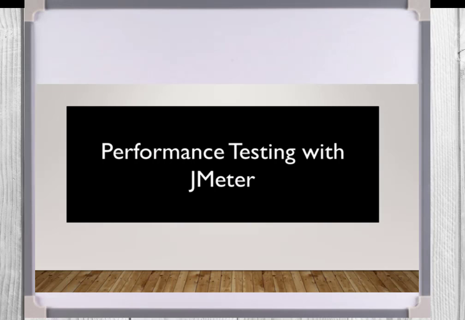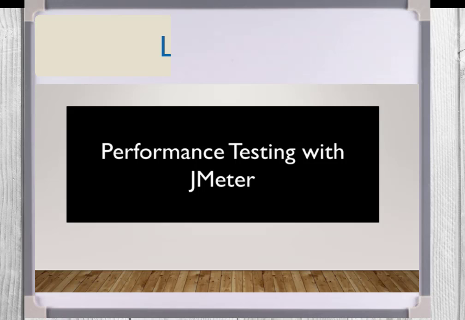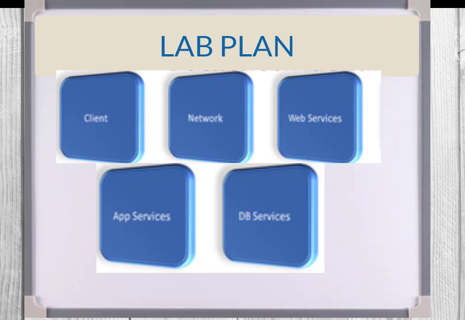Thanks for joining me. This lab session is entitled More on JMeter and Analysis Lab. It is easy enough to search the internet for tools that provide performance data external to JMeter. Performance data that can help analyze the performance on a client machine, the network, web, and app services, along with database activity.